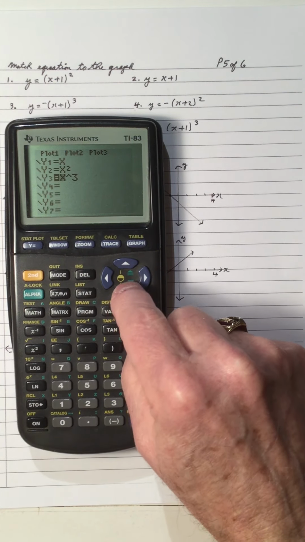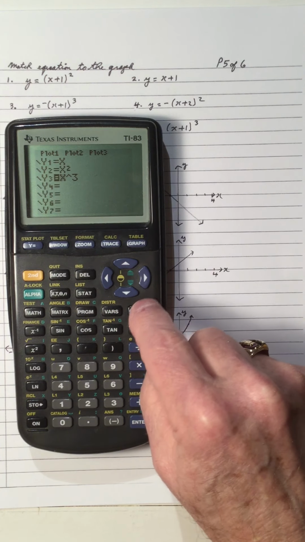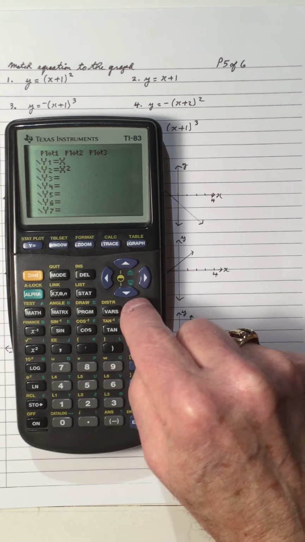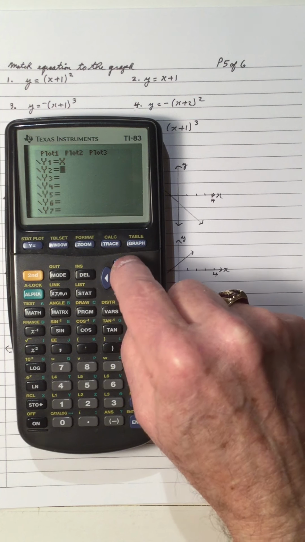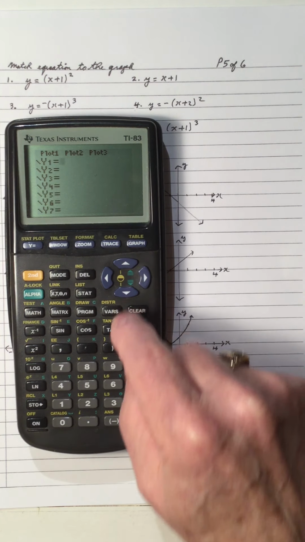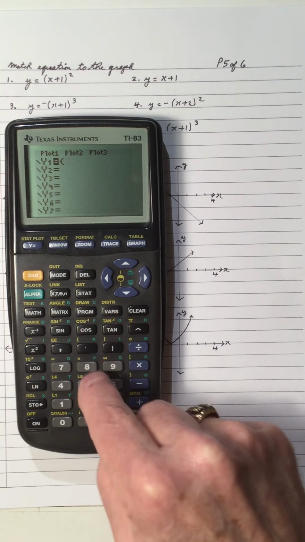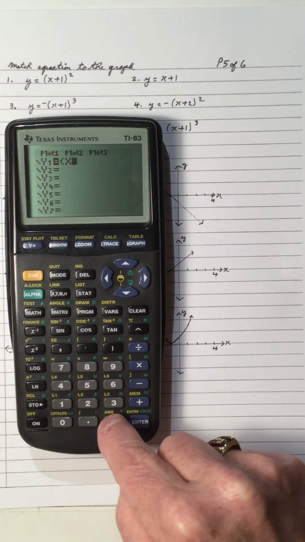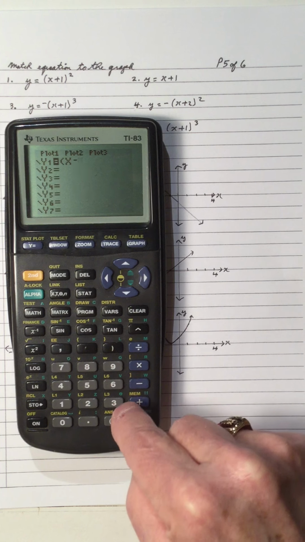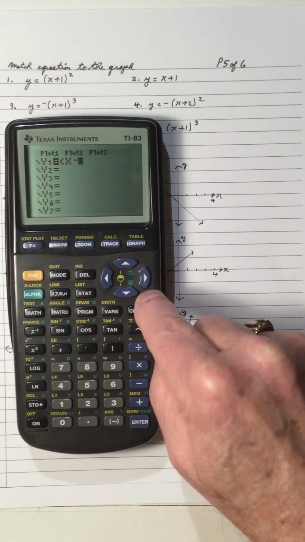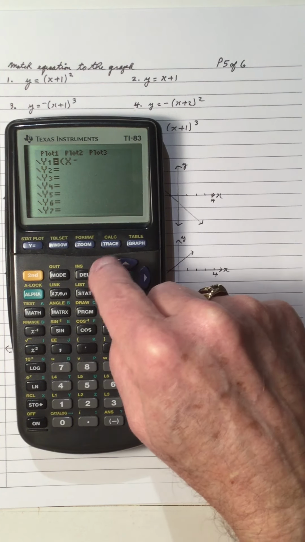Let's go down and clear some of these out. I want to clear these out now. And let's do a bracket on the x, subtract, no, that's a negative. Because that's a negative, I had to be careful.